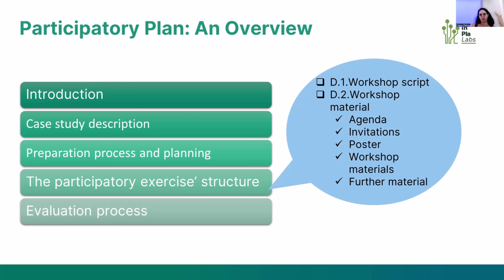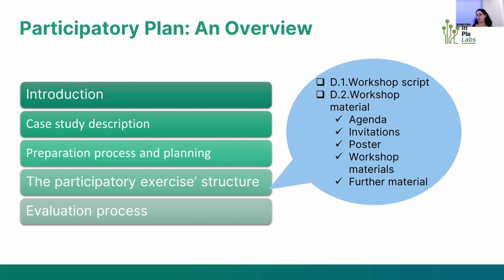Then you write down the participatory exercise structure. You can use the workshop script, where you mention the material, the agenda, the invitation, the poster, and all the material that you may use, because we cannot forget that it's an engaging process.